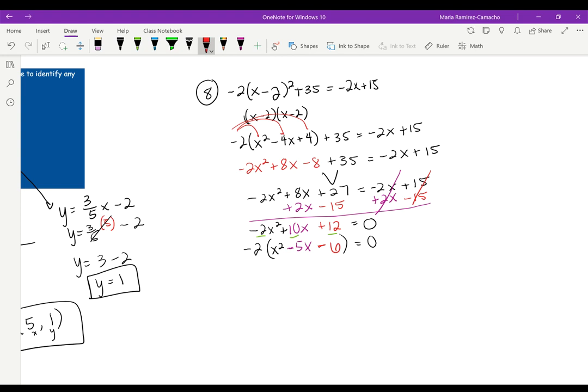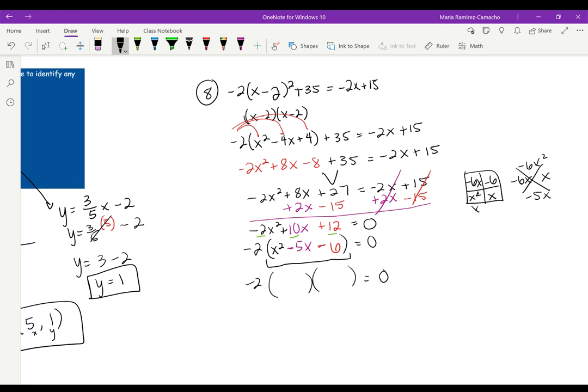Okay, now I am going to factor this. I'll use a generic rectangle and a diamond to help. Negative 6x plus x is negative 5x, but then multiplied together gives us negative 6x squared.